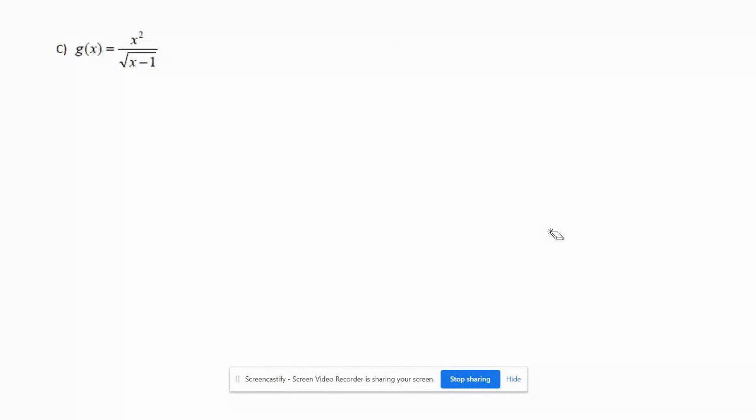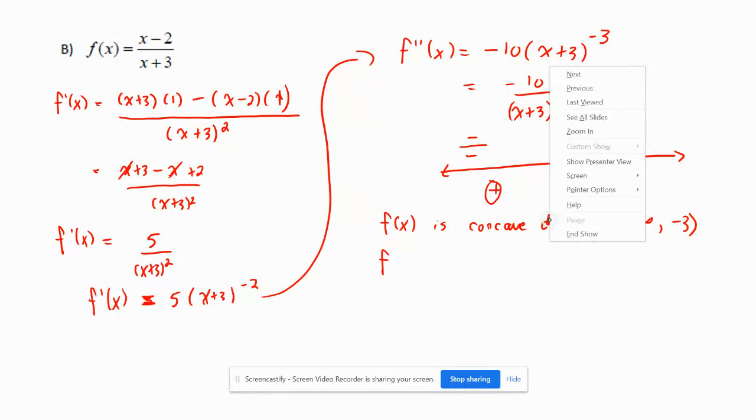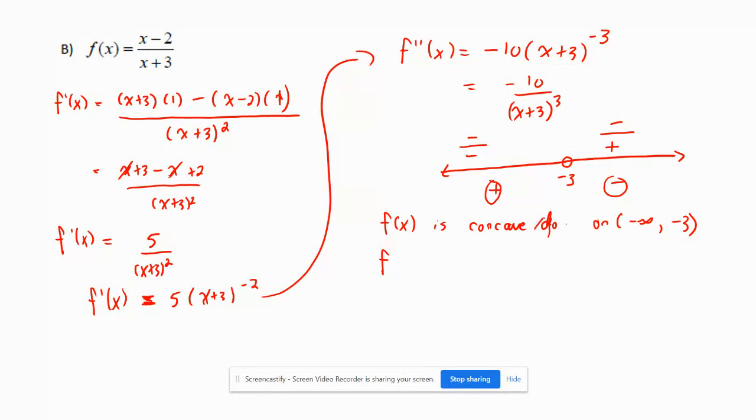F of x is concave up on negative infinity to negative 3, and f of x is concave down on negative 3 to infinity.